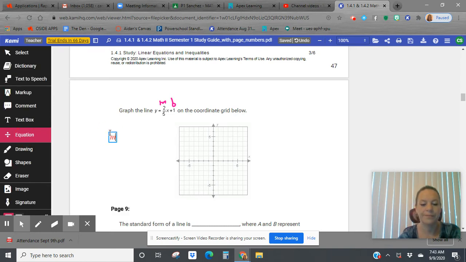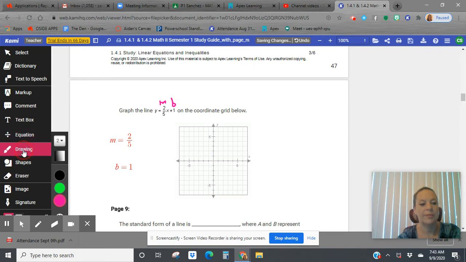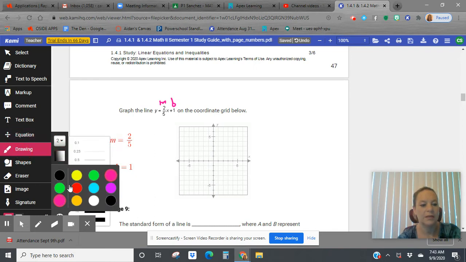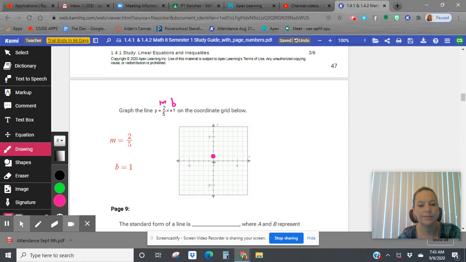So m is 2/5. My beginning, b, is 1. Go ahead and plot that. B is 1. And then from there, I'm going up 2 and over 1, 2, 3, 4, 5. Or I can go down 2 and back 1, 2, 3, 4, 5.